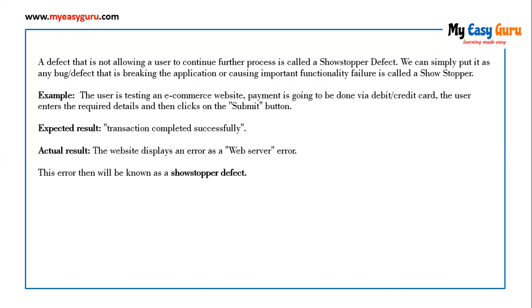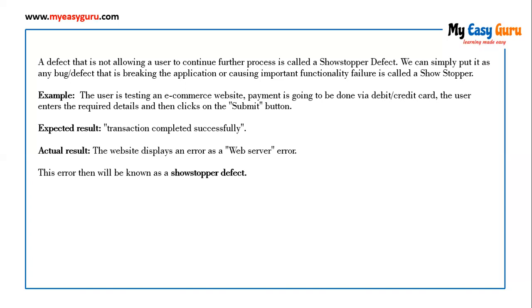Let's understand this with one example. The user is testing an e-commerce website. The payment is going to be done via debit or credit card. The user enters the required details and clicks on the submit button. In this case, the expected result is that the transaction is completed successfully.